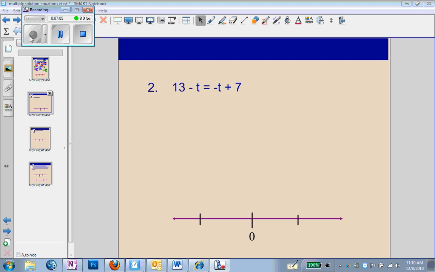All right, so for this equation, to solve it, of course, we always start by changing subtraction to addition. Now we're going to add negative 13 to both sides, so that we're bringing our constants over to the right-hand side.